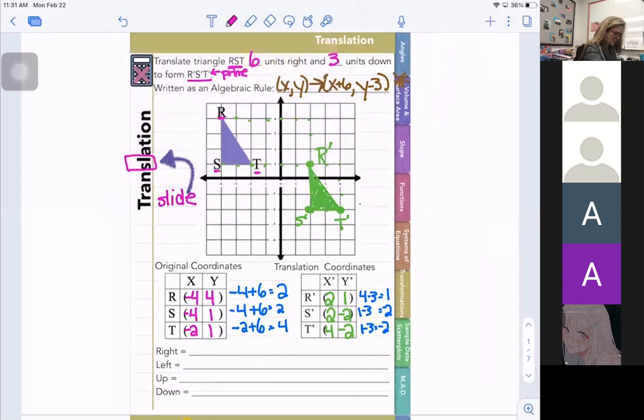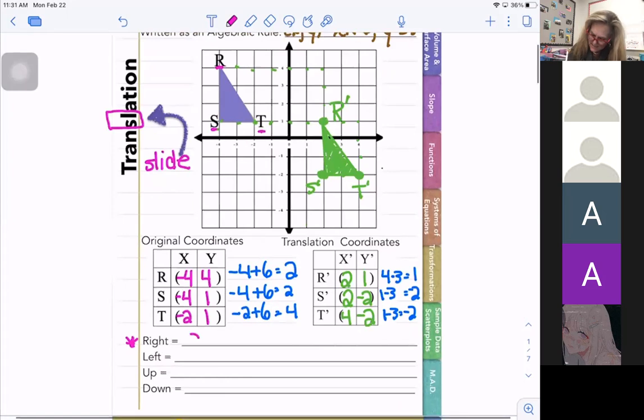When I moved to the right, what did I do? Did I subtract from x? No. You added to x. So if I'm moving something to the right, keyword right, I am going to add to x.